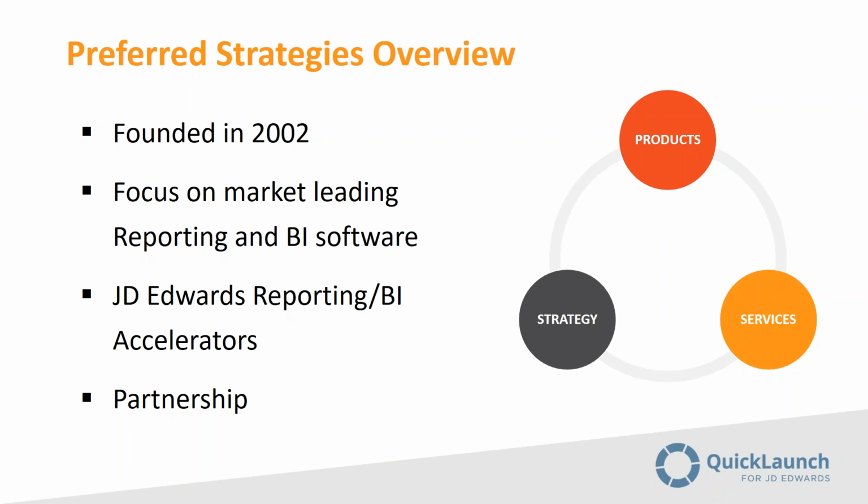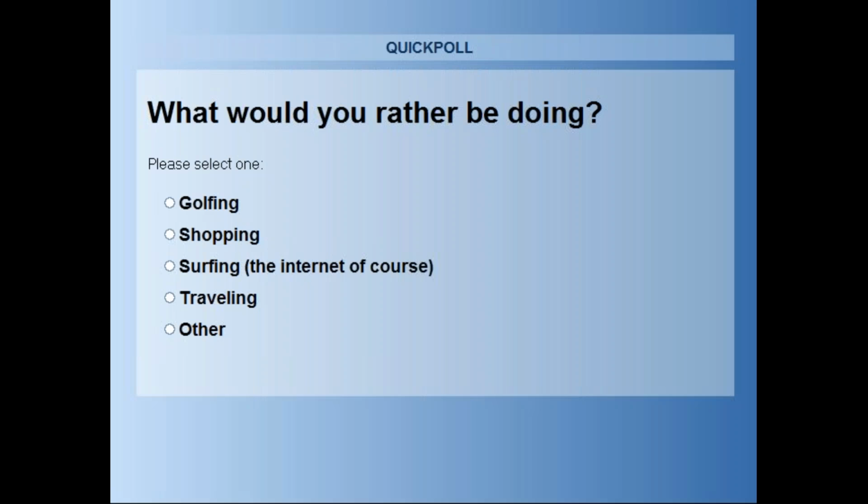So before we continue, I wanted to pause for a second here, and I've got a few poll questions to break the ice and also get a sense of who's online. So let's go ahead, and I'm going to post a poll. The first question is, what would you rather be doing?